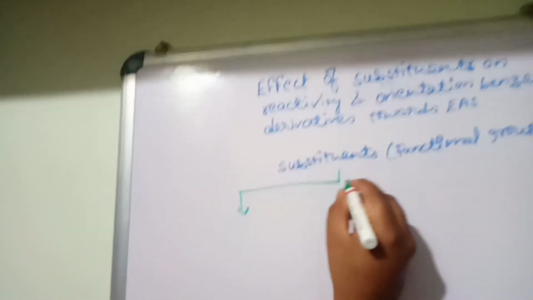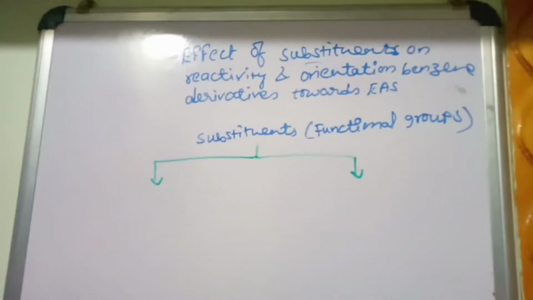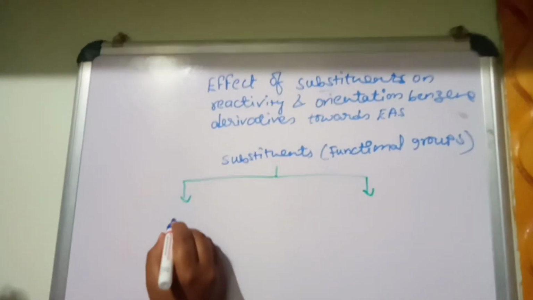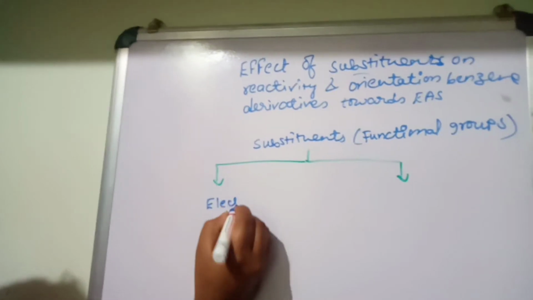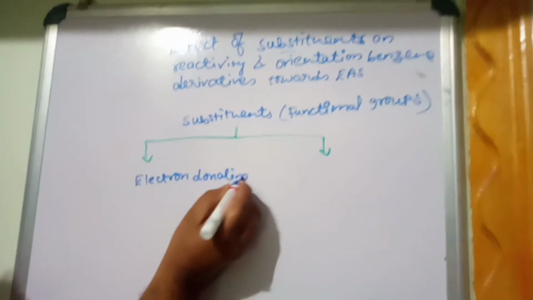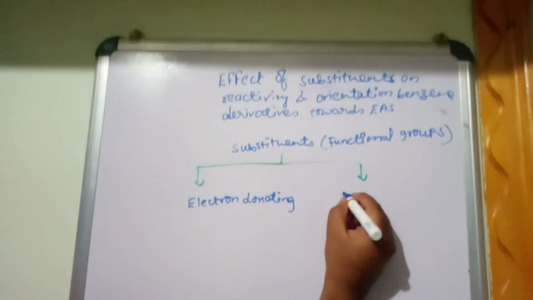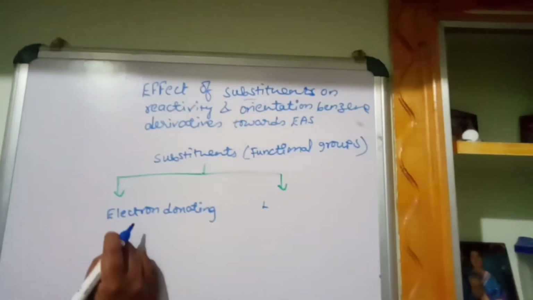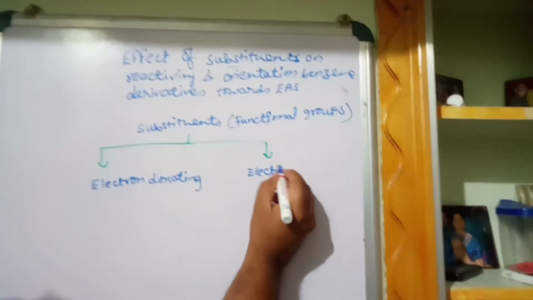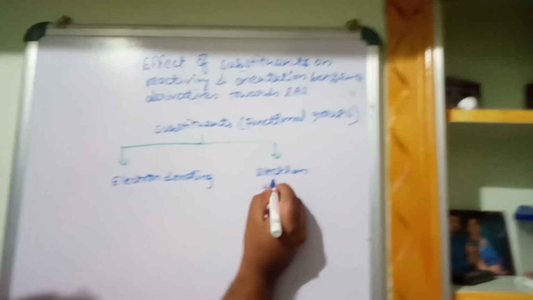There are two broad classes of substituents. One is electron donating groups, and the other is electron withdrawing groups.